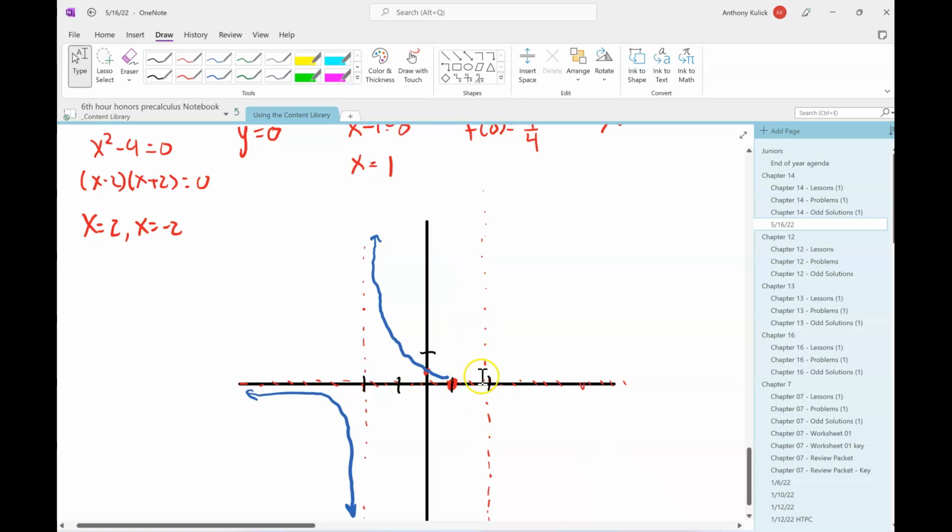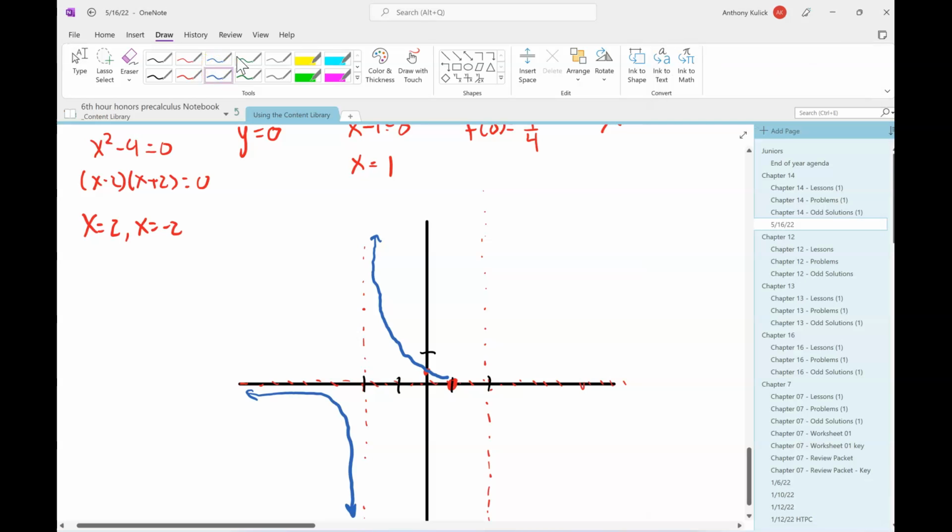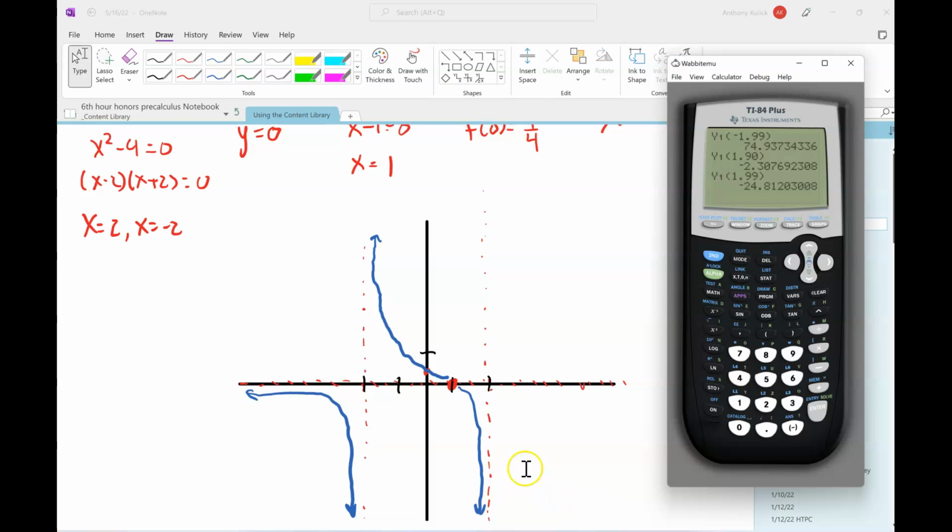So I'm going to check what's happening at the left-hand side of this asymptote. So that would be positive 1.9. And then positive 1.99. So there we're getting smaller, so I know we should be going down. And then the last check is to see what's happening over here.